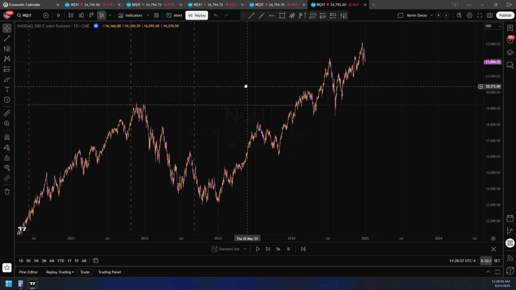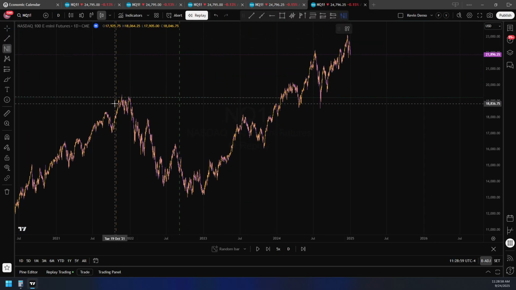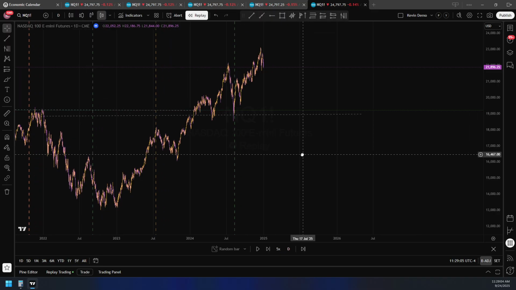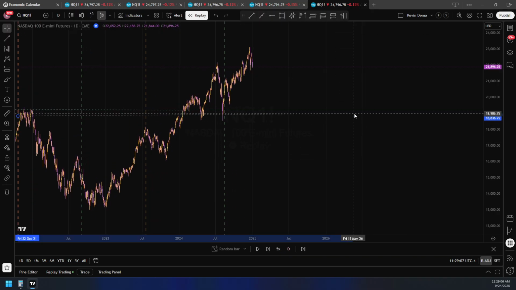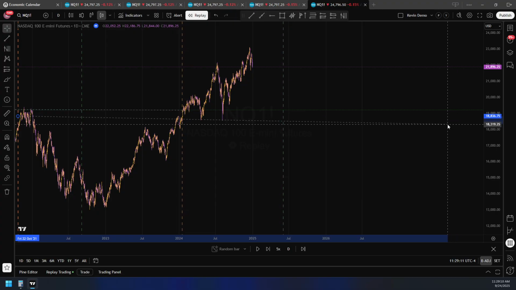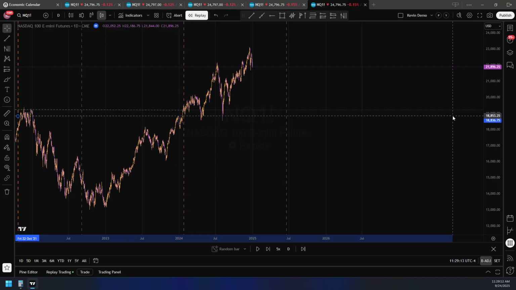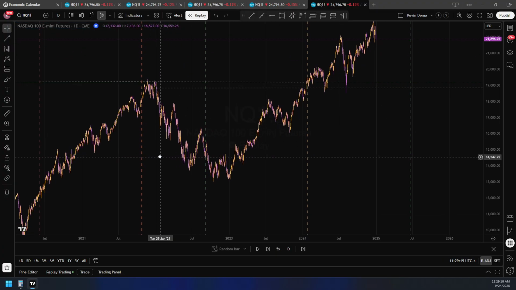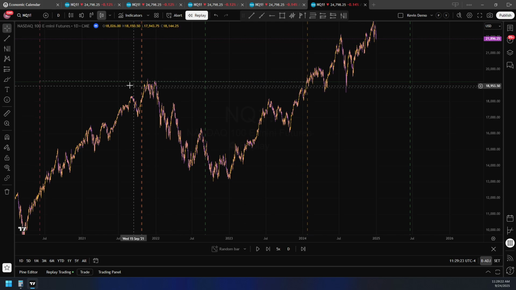So another way you can draw it from here is that this whole cycle is an accumulation cycle on a higher time frame. See how this is basically a sideways movement, right? So on a higher time frame, this is an accumulation.